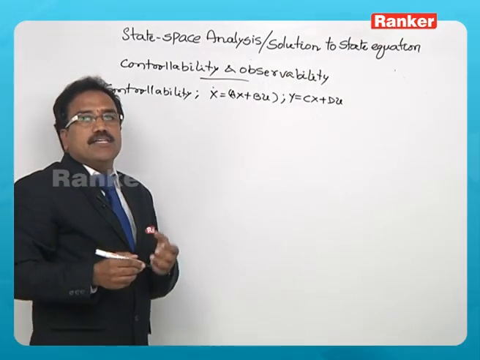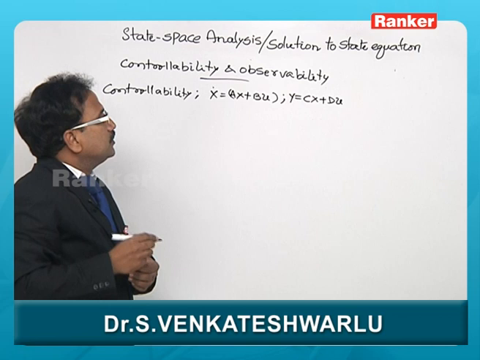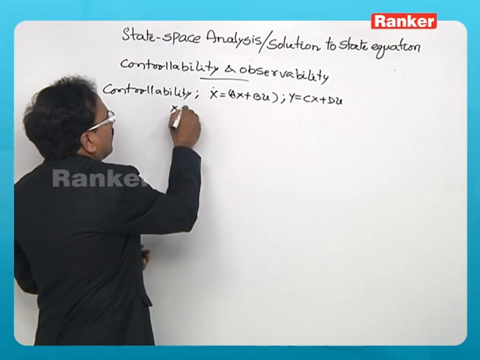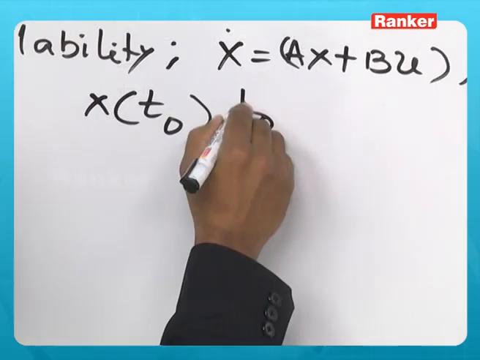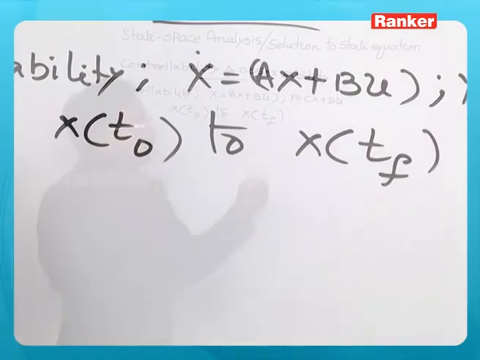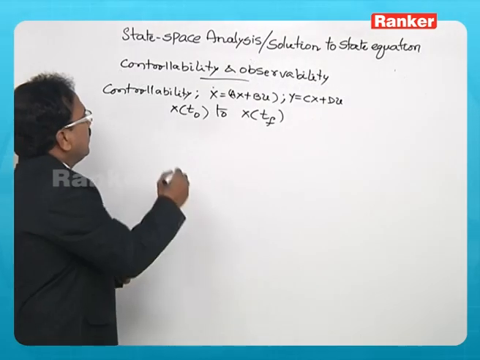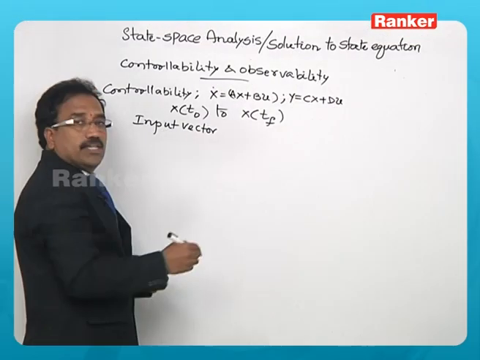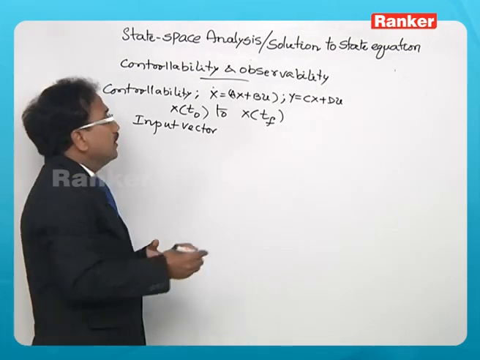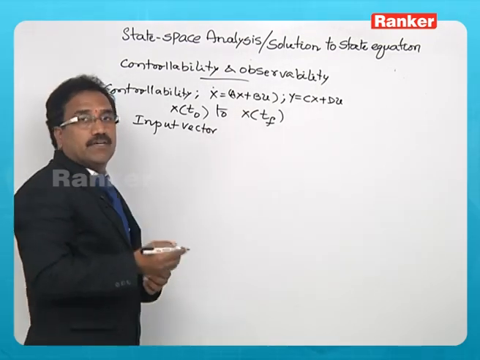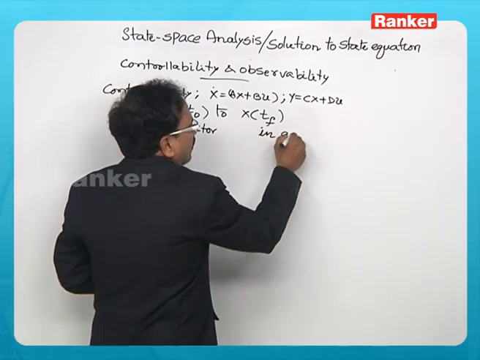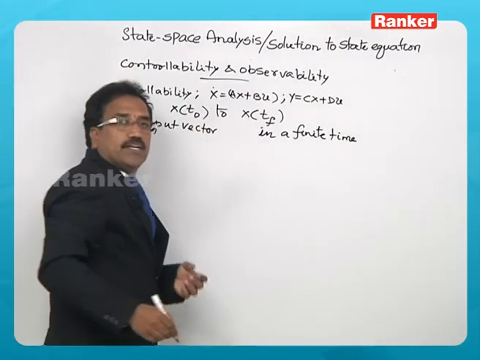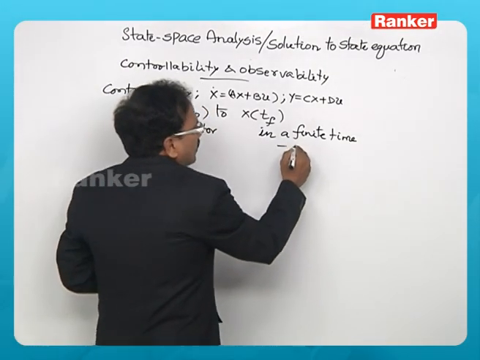So, if there exists an input vector u of t which transfers the state of the system from initial state x of t0 to x of tf, if there exists an input vector which can actually take the system from x of t0 to x of tf in a finite interval or finite time, then we say that the system is controllable.